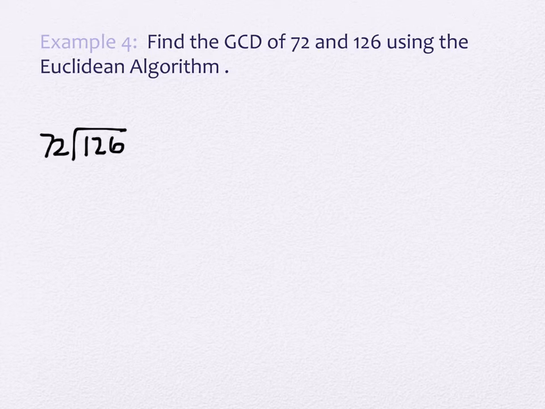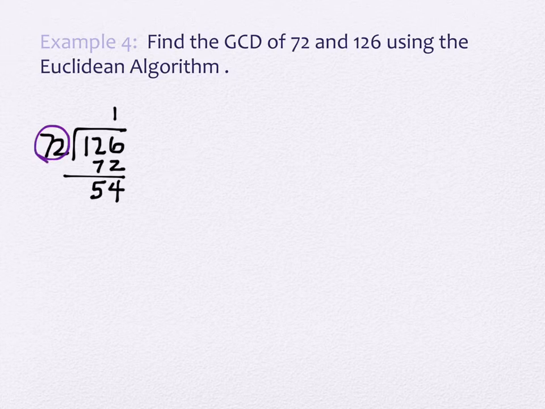How many times does 72 go into 126? Once. What is 1 times 72? 72. And if I subtract, what do I get? 54. Okay? The second step is to take the divisor and the remainder and do the same thing. Now that remainder better be smaller than the divisor or you made a mistake already, right?